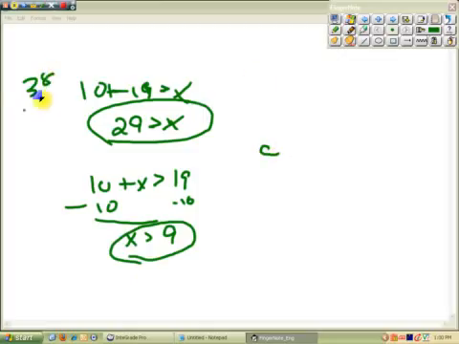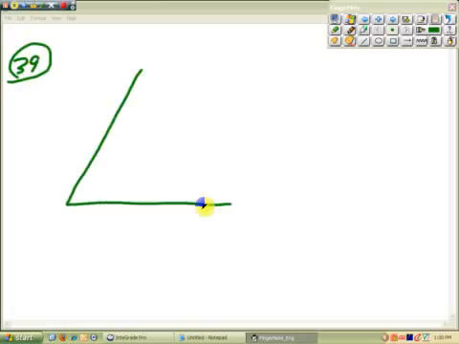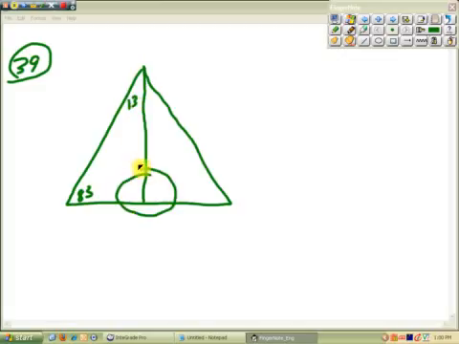All right, 39. Okay, this is a tricky problem. It says on the test that it's not drawn to scale, meaning this is not necessarily 90 here. We don't know what it is, but we can find it. We have 13 plus 83 plus x will equal 180.